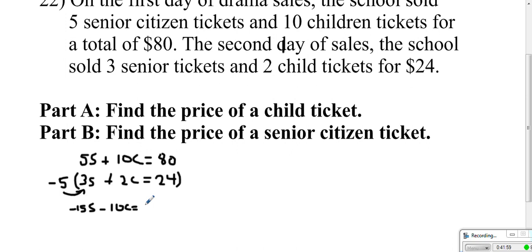And since it's a negative times a positive, the answer to 5 times 24 is negative 120.